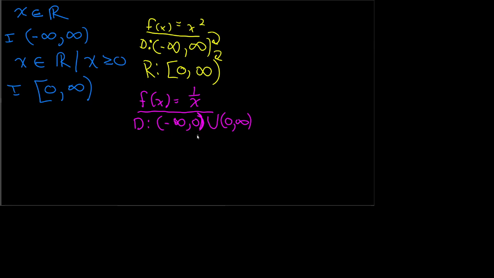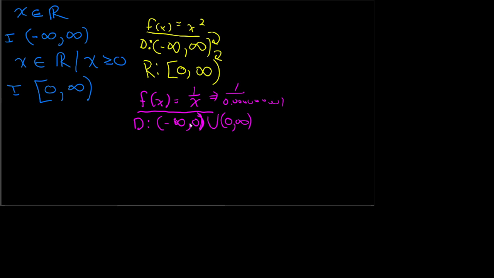And one of the things we'll do in calculus is look at how close we can get to a number. So in this case, I can get really, really close to 0. I can do 1 divided by 0.1, and so on. I can get arbitrarily small. So I can get close to 0, just never at 0 itself.